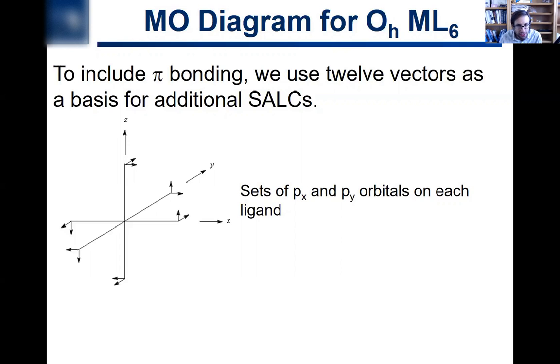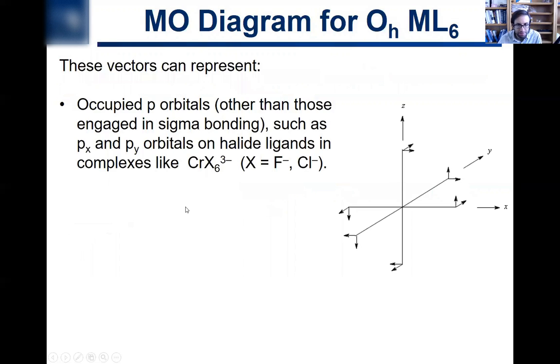So we have px and py orbitals, and we're representing them as vectors on each of the points of the octahedron. These vectors can represent occupied p orbitals, those that aren't involved in sigma bonding, of course. So these could be px and py orbitals on halide ligands, and you can get some pi bonding, for example, in these chromium halide complexes.